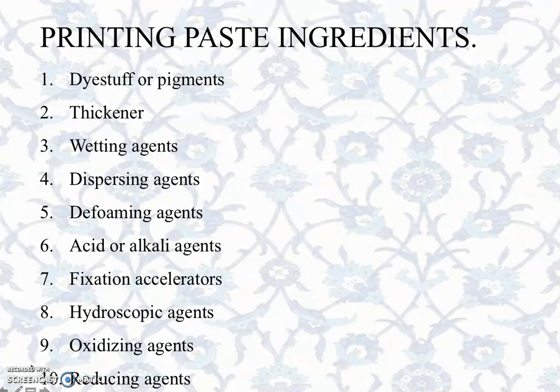They are dyestuff or pigments, thickeners, wetting agents, dispersing agents, defoaming agents, acid or alkali agents, fixation accelerators, hygroscopic agents, oxidizing agents, and reducing agents. Now we are going to see them one by one.